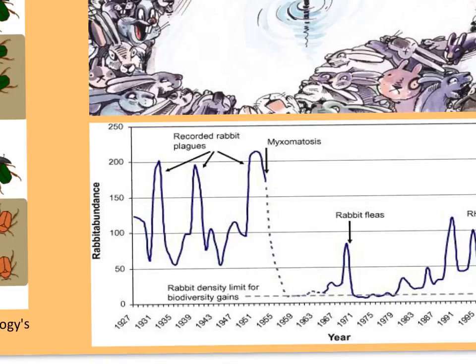Maybe 1 out of 1,000 actually survived. So you can see what happened here. There is an introduction of a virus. The population crashed. It stayed almost undetectable. Eventually, coevolution happened. You had some bunnies that actually had a little bit of resistance to the virus. And you also had viruses that, instead of being lethal immediately, were only lethal about 30% of the time.